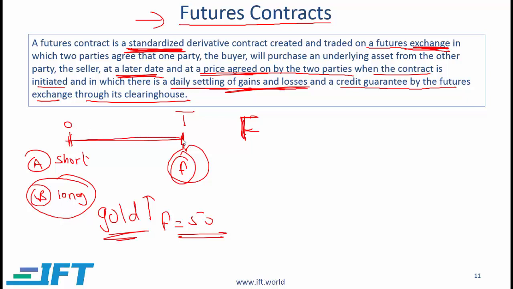Rather than wait till the end, what happens with futures contracts is that at the end of each trading day, the account of the long party is going to be credited. In other words, the appropriate amount of money will be added to the long party's account, and the party which is losing, the short party, will have a certain amount deducted from their account.